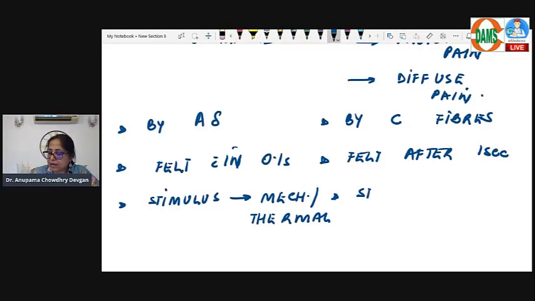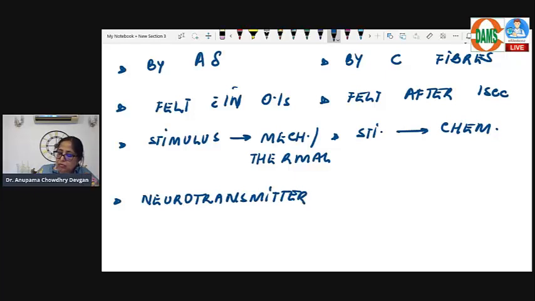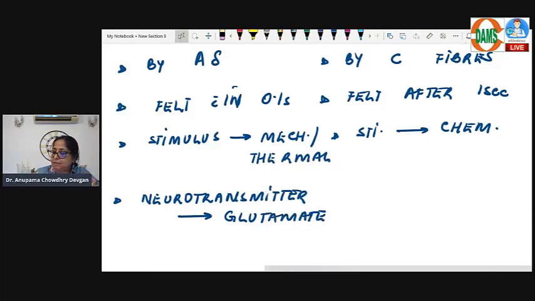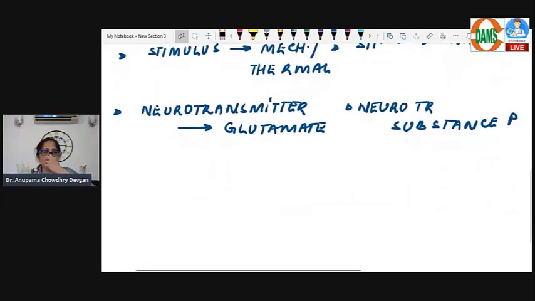Whereas stimulus for the slow pain is chemical. Neurotransmitter for fast pain pathway is glutamate. For slow pain pathway is substance P. Right? So neurotransmitter is glutamate. Here it is substance P.